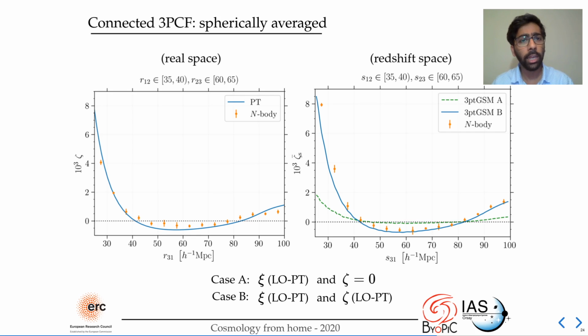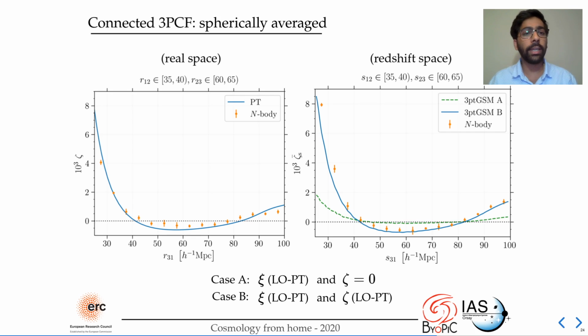On the left panel, we show the real space correlation function, and on the right panel we show the redshift-space correlation function. We show the real space as a test for our input ingredient. The test for the 3-point Gaussian streaming model is only good if the input ingredients themselves are of high fidelity.